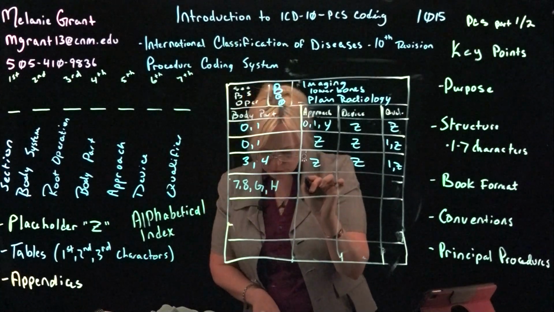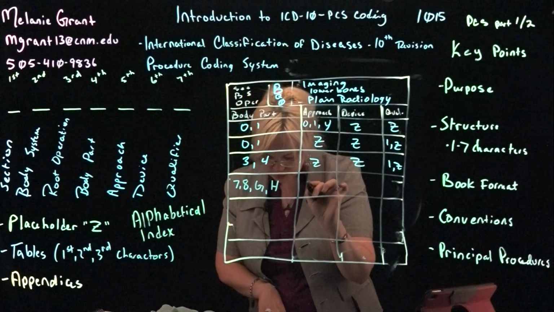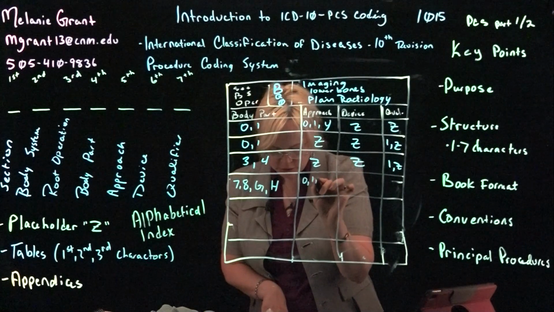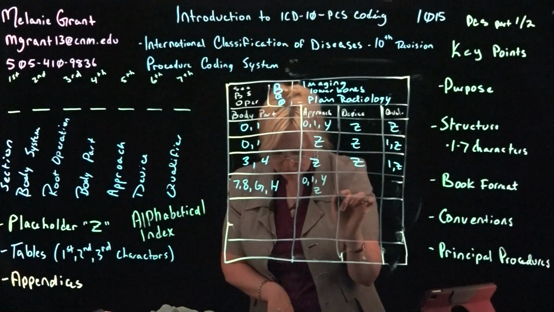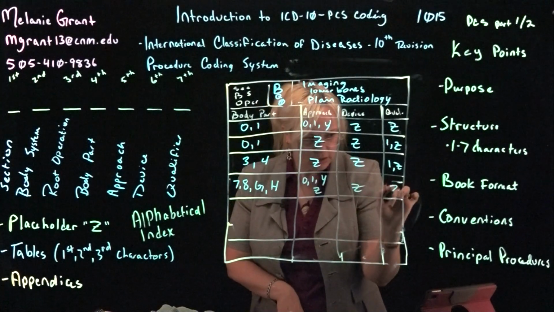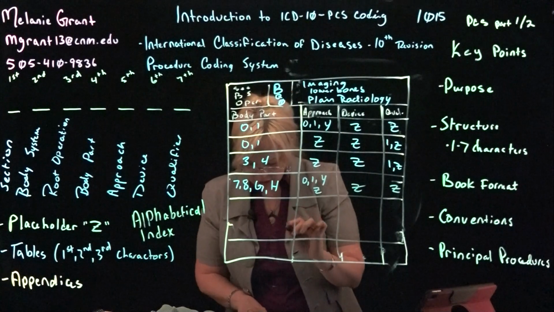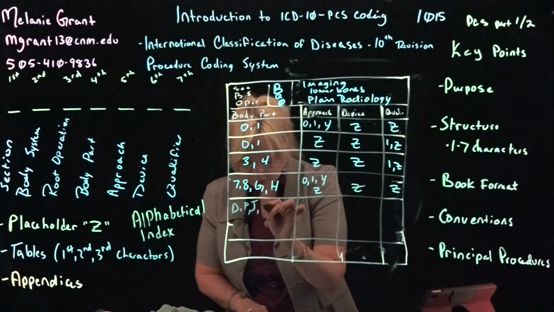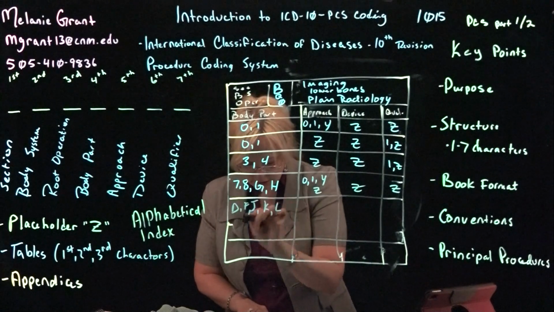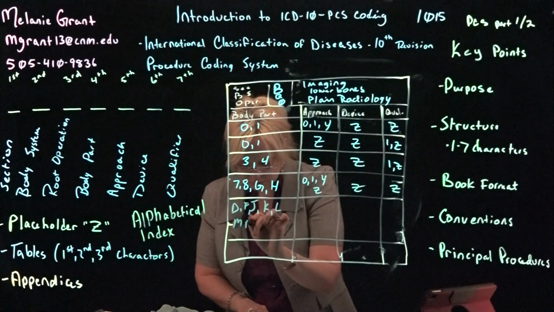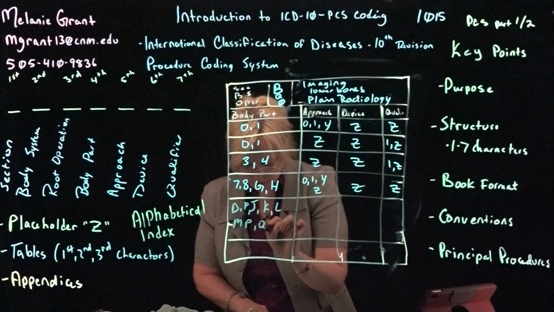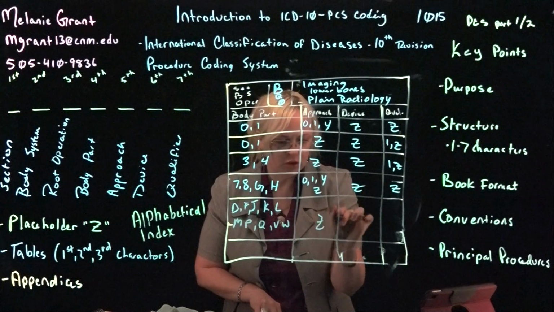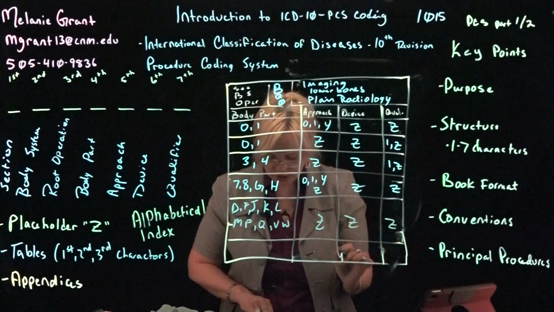And we have options for these, 0, 1, Y and Z, Z and Z. And then we have D, F, J, K, L, M, P, Q, V, and W. And you'll notice this one has Z's all the way across.